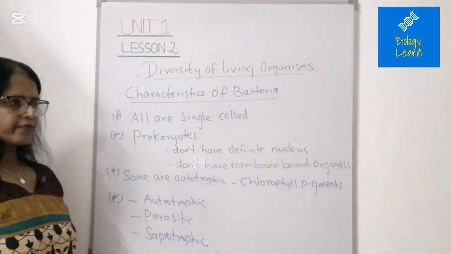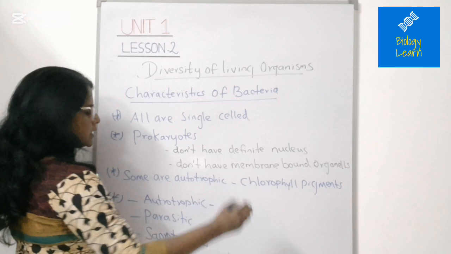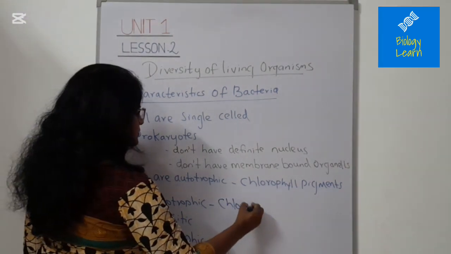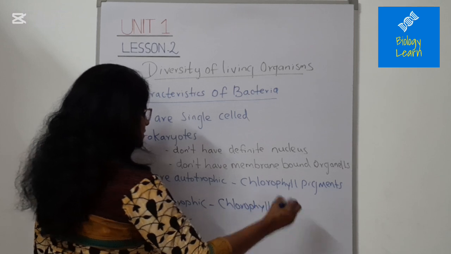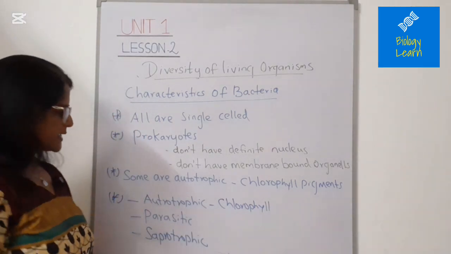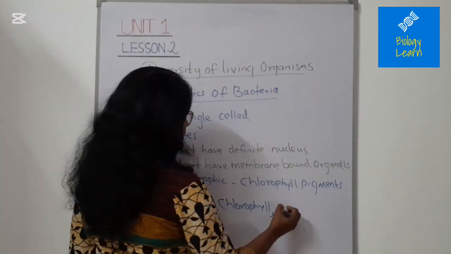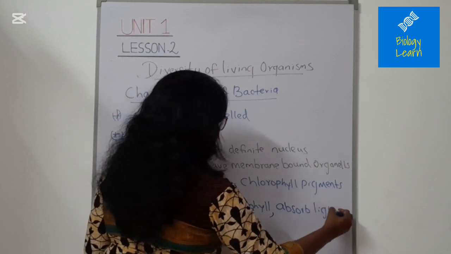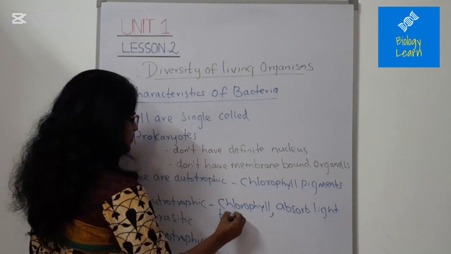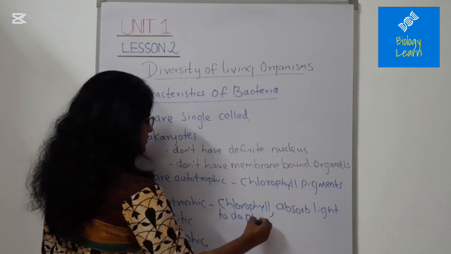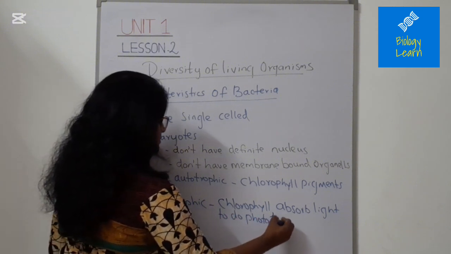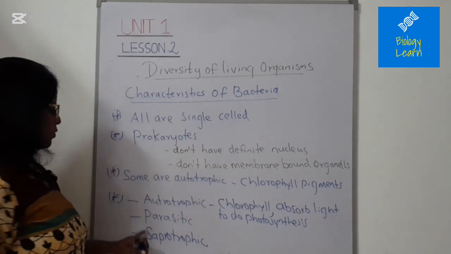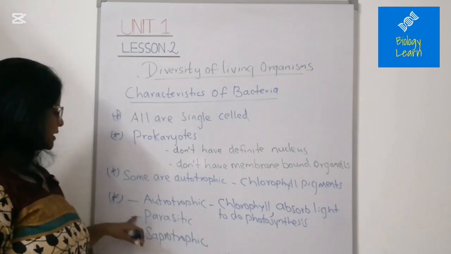What is autotrophic nutrition? They have chlorophyll pigments, therefore they absorb light to do photosynthesis. What is parasitic nutrition?